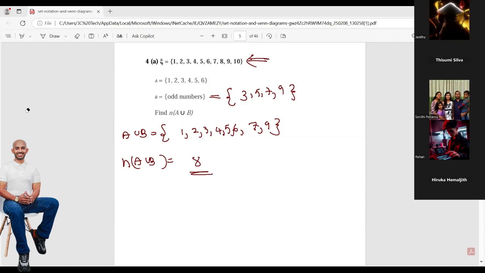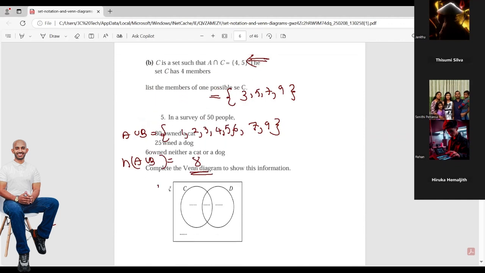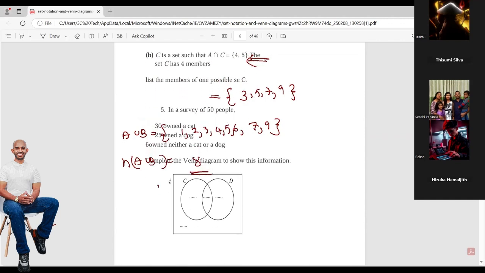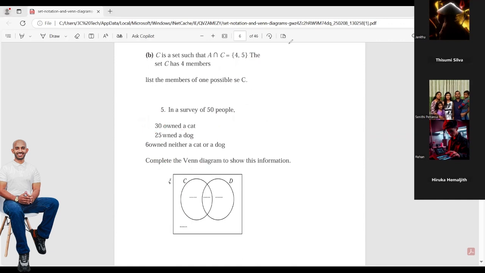Okay, the next one. C is a set such that A intersect C is {4, 5}, and C has 4 members.